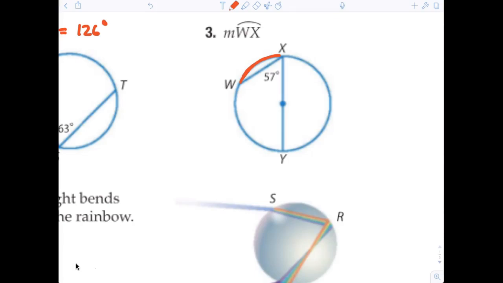Because I did, listen, I'm listening to him. Go. I did double 57. Perfect. And then so WX is how many degrees? I got 66. No. I'm sorry, WY. Oh, WY was what? It was 114. Yes, 114 degrees. So this angle over here is 114.